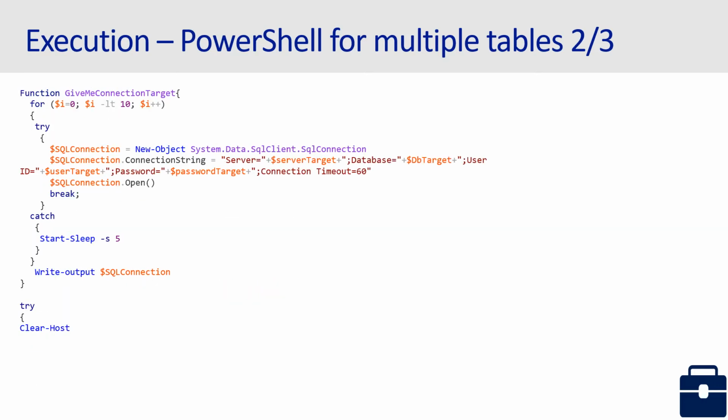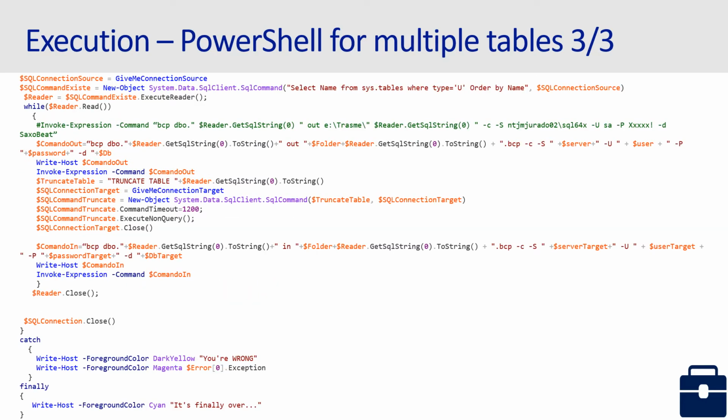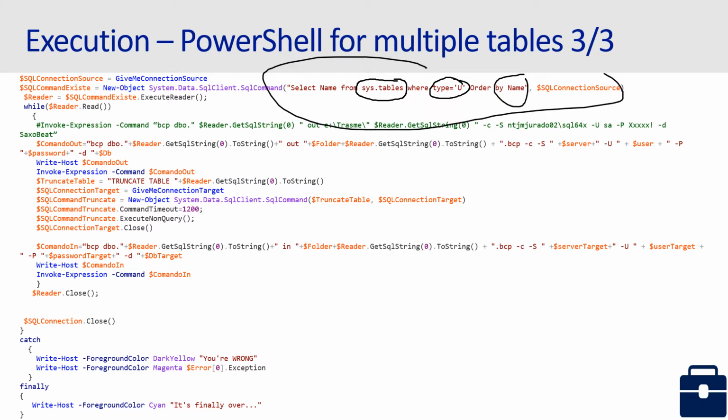In my case, I'm going to transfer all the tables that I have in this database, that is, user tables ordered by name. But you could modify this command and select just, for example, tables starting with E, A, or C, or specify just two or three tables.